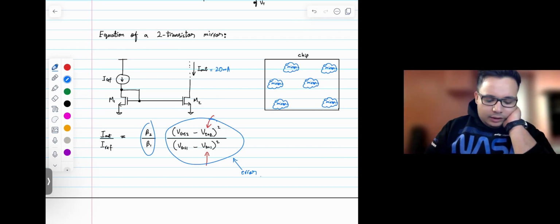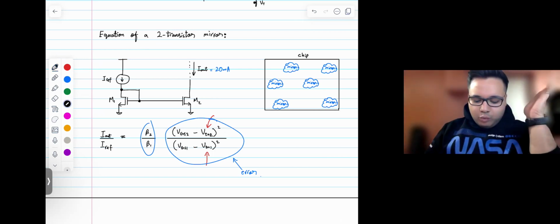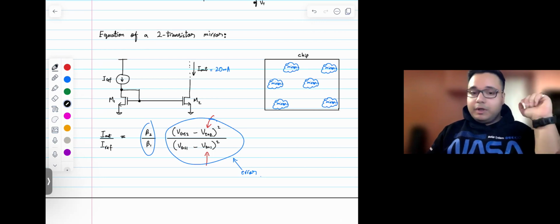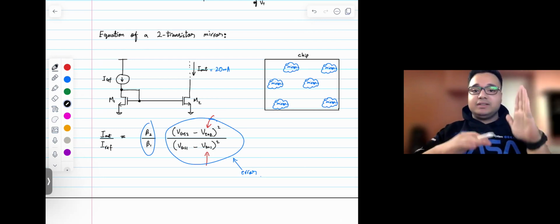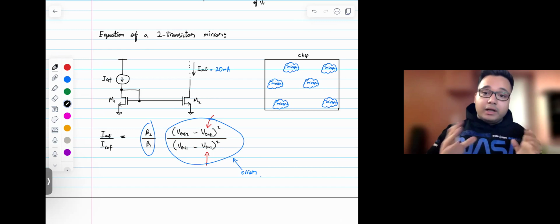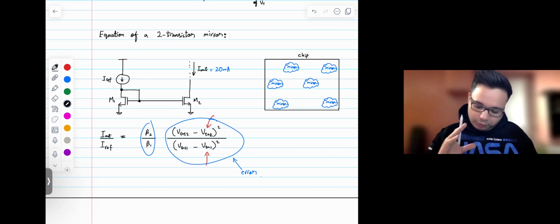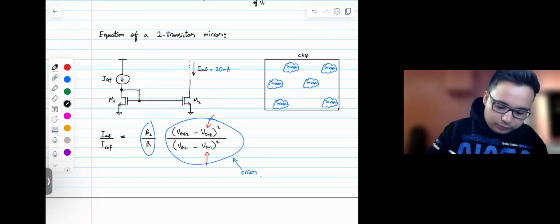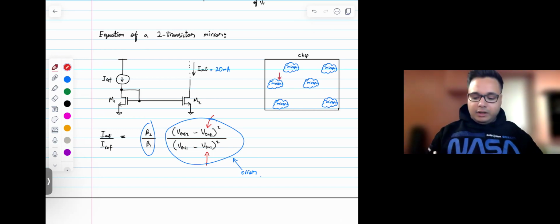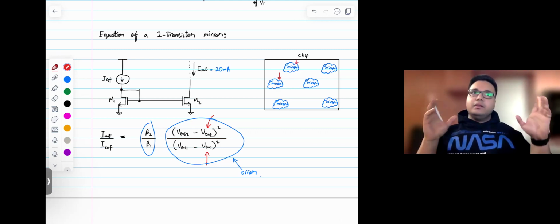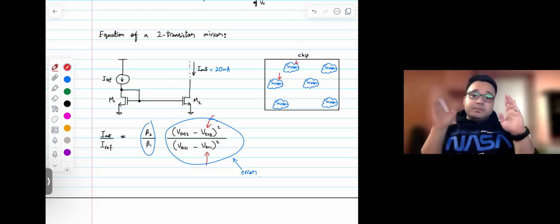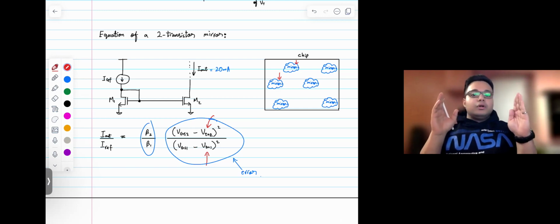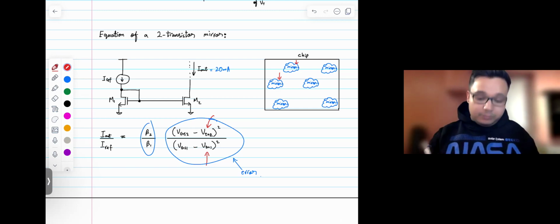Well, now let's think about it. We talked about the threshold voltages of M1 and M2 having some sort of variation, so their threshold voltages might be different. It will introduce a particular error. Now this other mirror would have another M1 and M2, and the mismatch in VT for that mirror might be different from the first one.